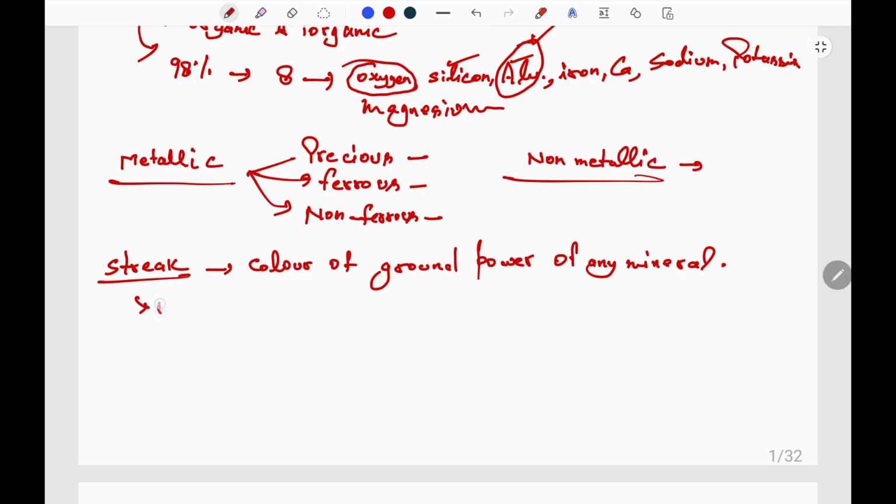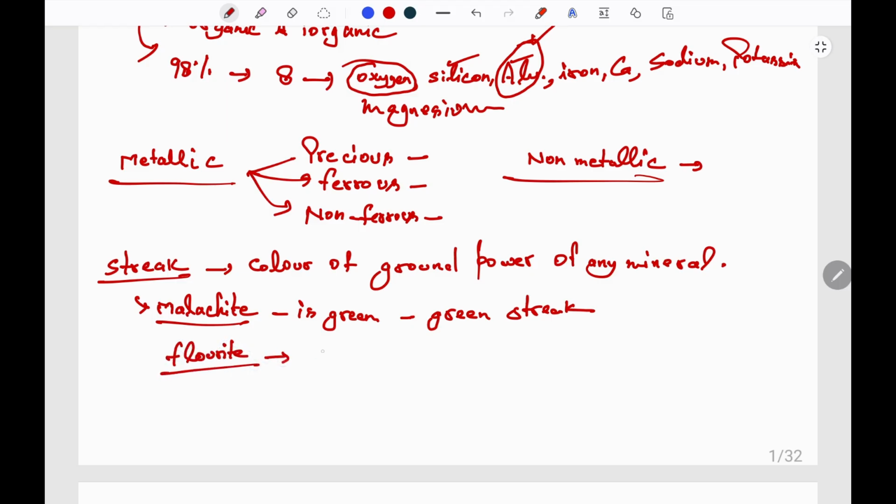Is that malachite, which is an ore of copper, is green in color and gives a green streak. And fluorite is purple, and it gives the white streak. So it is a P white.